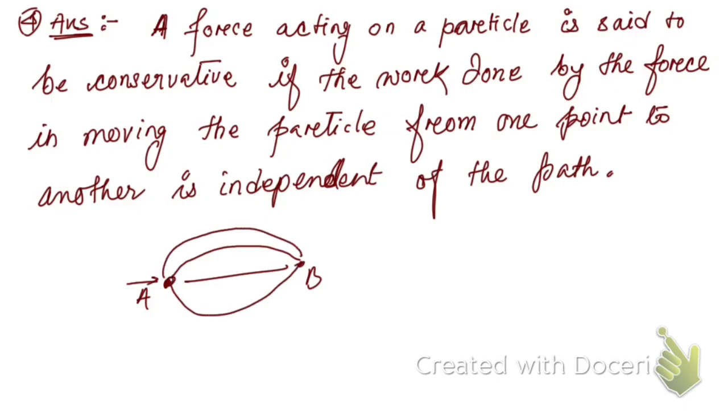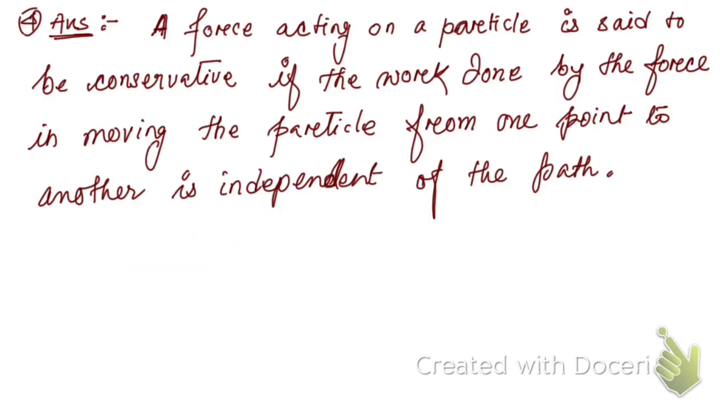So the work done by the force in moving it from A to B should be independent of path. If you move this particle along this path or that path, the work done must be the same. Then this kind of force is said to be a conservative force, right? Hope you have understood this.